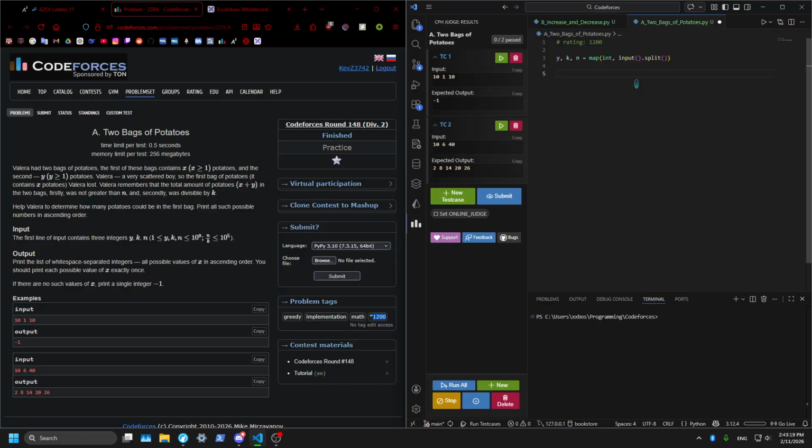What's the cap for X? X is greater than 1. Oh, X plus Y. It remembers X plus Y. What is X plus Y? Y is the second bag.